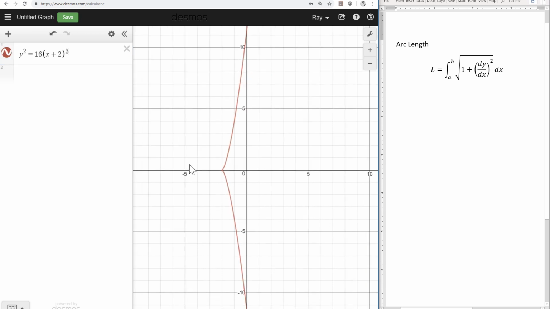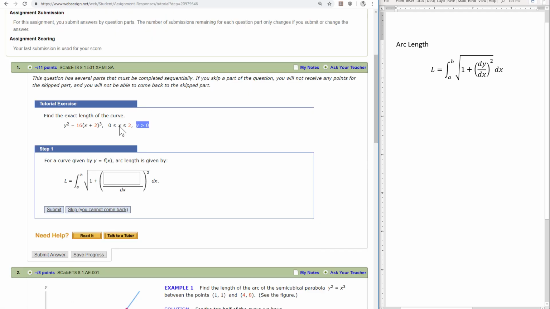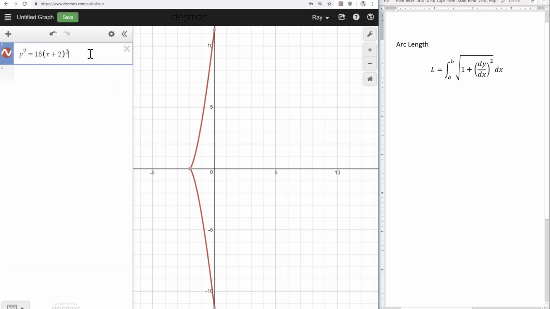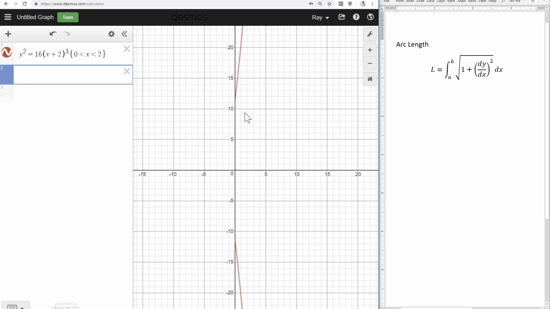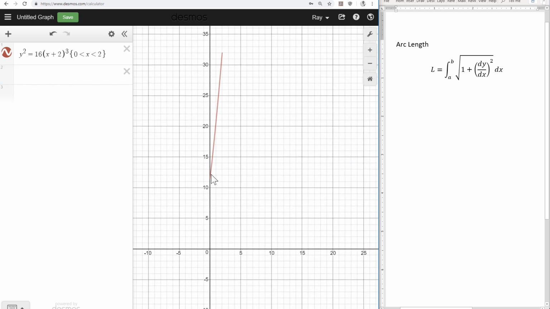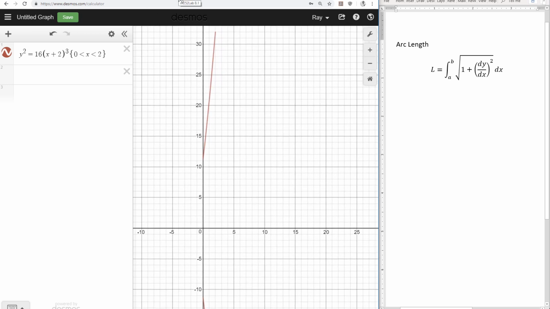And so we do have this graph, and if we let x go from 0 to 2, then we can't see it, but I think if we zoom out, we might be able to see this part right here. So this is the piece of the graph that we want on the positive side. The graph exists on the negative side, but we only want the positive side.